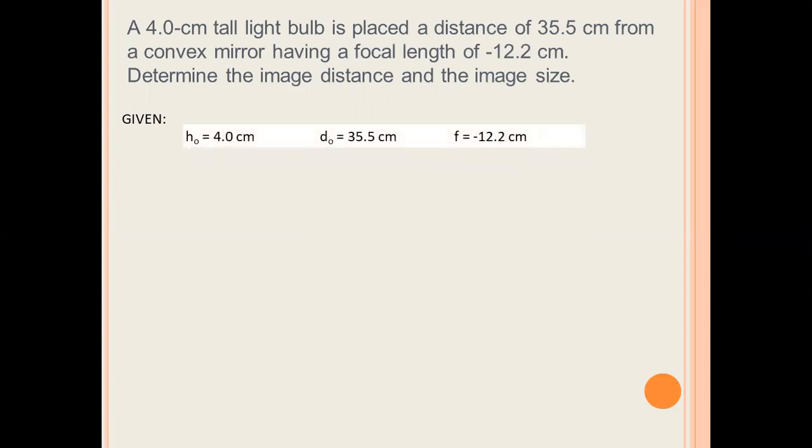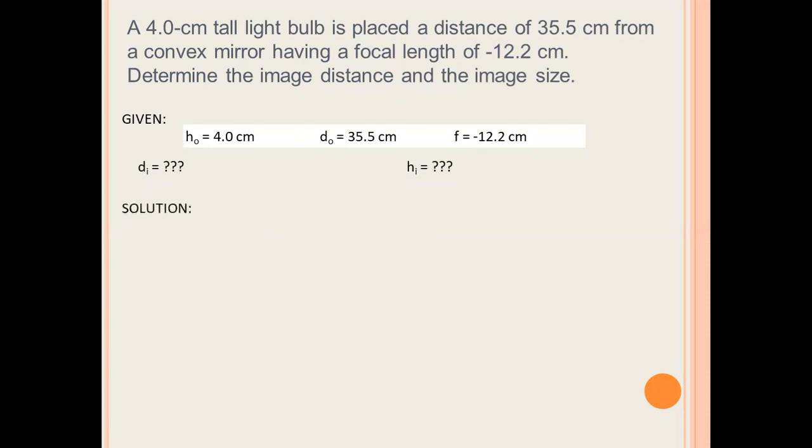HO is 4 centimeters, the object distance is 35.5 centimeters, and the focal length is negative 12.2 centimeters. I repeat, if we are given a focal length that is negative, automatically it is a convex mirror. Now we are going to determine the image distance and the height of the image.